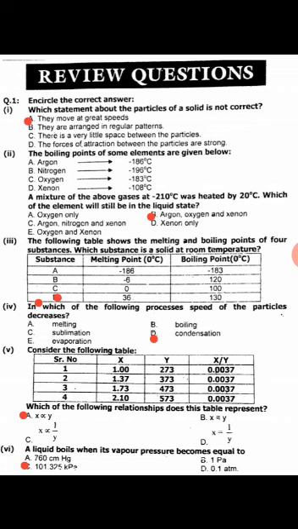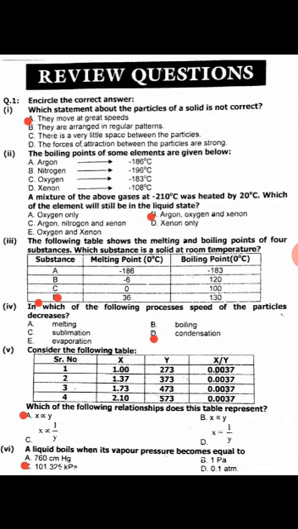Now question number 4 is, in which of the following processes does the speed of the particles decrease? You know very well that in melting, solid is converted into liquid state, in boiling, liquid is converted into gaseous state, and in sublimation, solid is directly converted into vapor state.